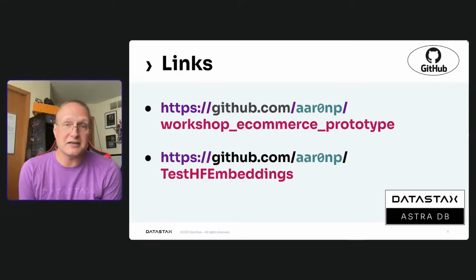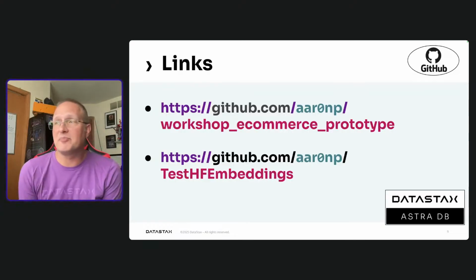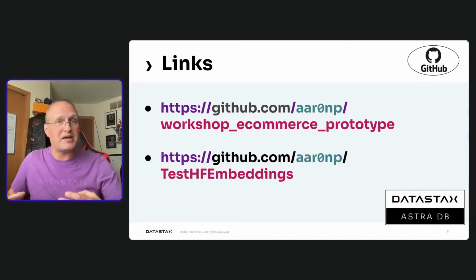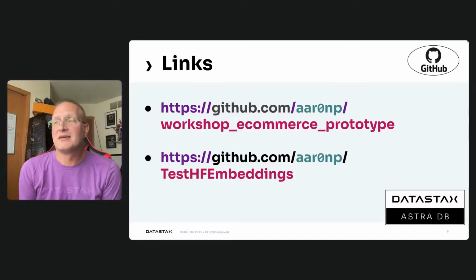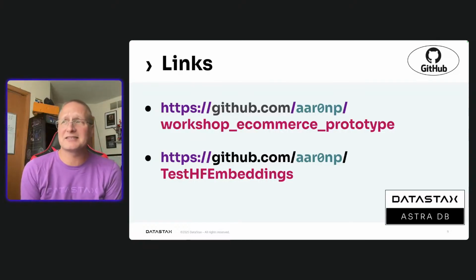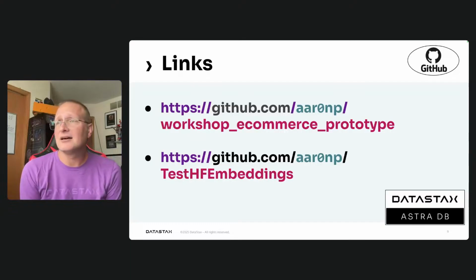So I do recommend taking a look at that one. And then the test HFE embeddings one, that's the one that actually takes the product data, generates embeddings based on the product name, and puts it into AstraDB. It's named poorly. I apologize for that. HFE is Hugging Face embeddings. And again, both of these are Java projects, actually.